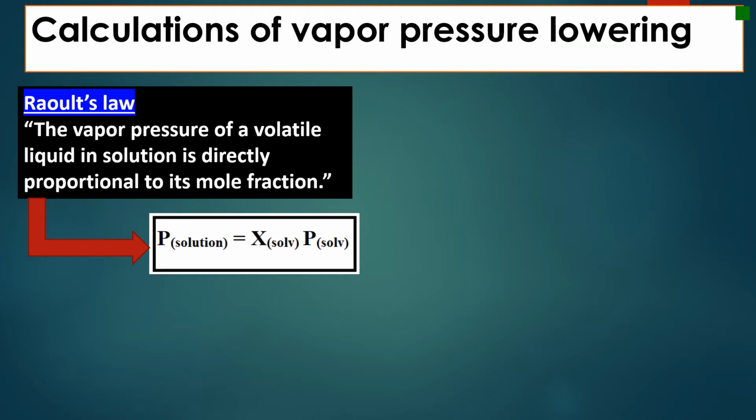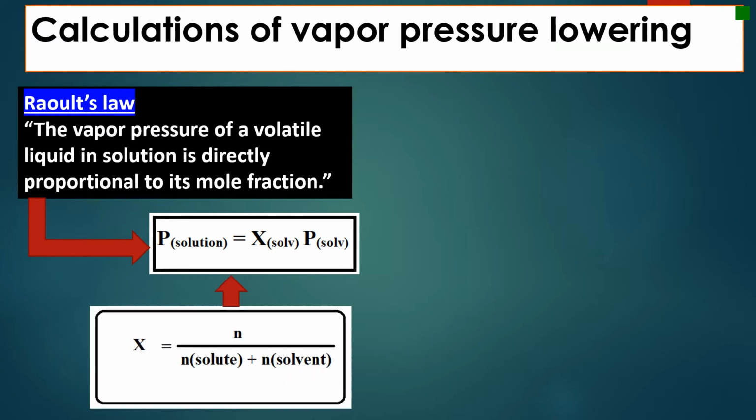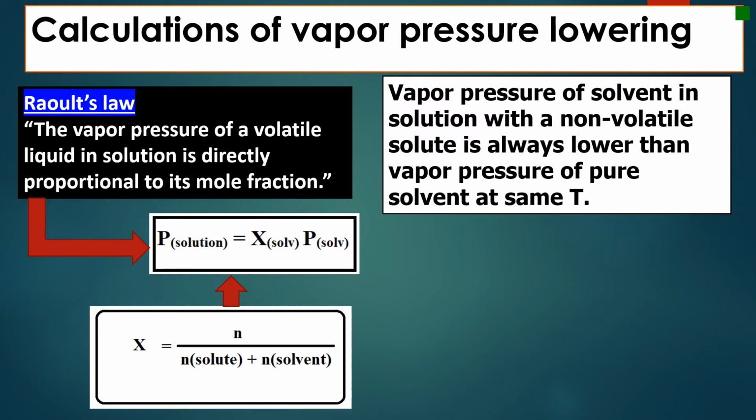So the mole fraction is the number of moles of the liquid that you are finding the vapor pressure of to the total number of moles of the solute and the solvent, meaning the total number of moles of substances that are involved. That's what we call the mole fraction.